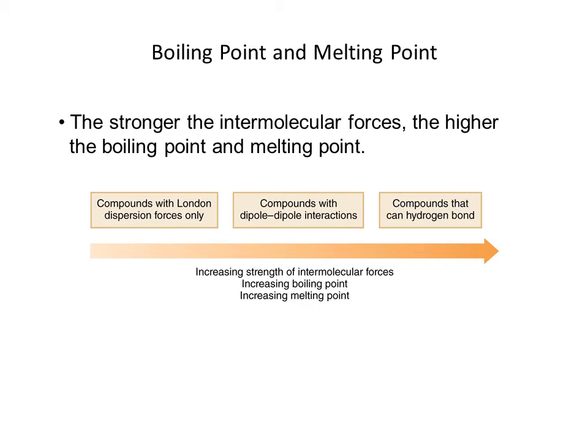Now we're going to look at the effect that intermolecular attractive forces have on behavior. The only behavior that we're going to examine is melting point and boiling point. There's a number of other characteristics that are determined by intermolecular attractive forces, but we're not going to go into them. Boiling points and melting points are all determined by how tightly molecules will stick to each other.